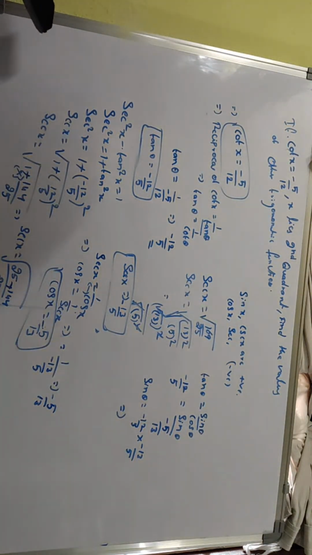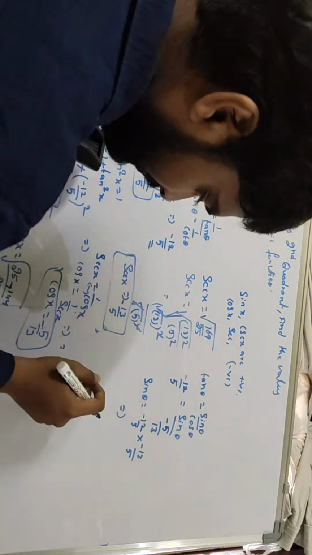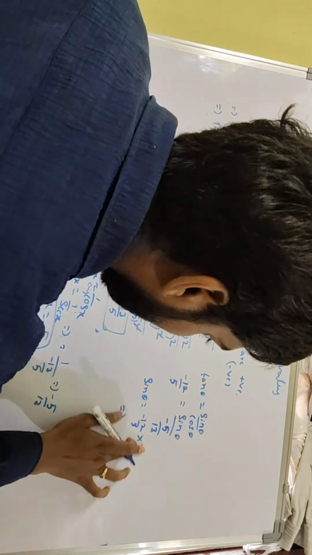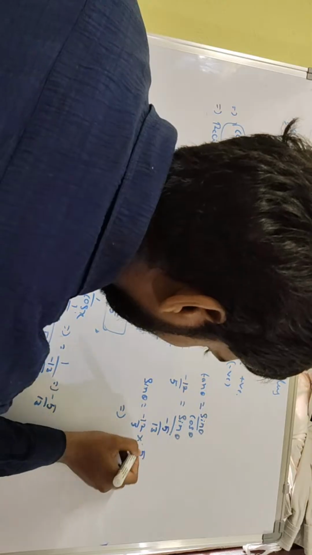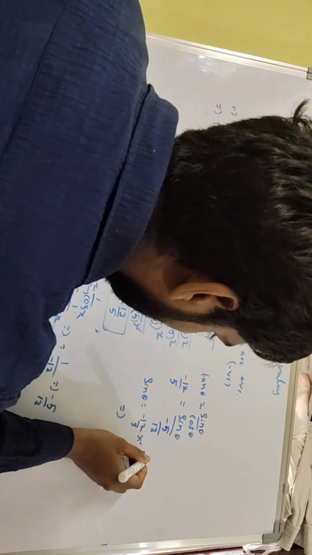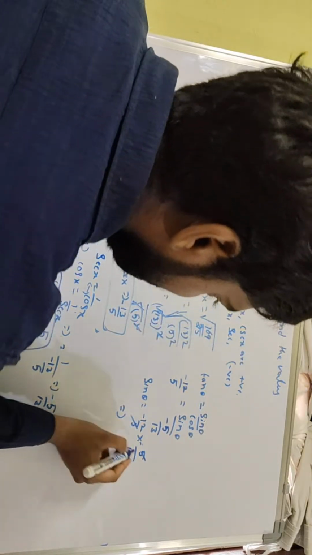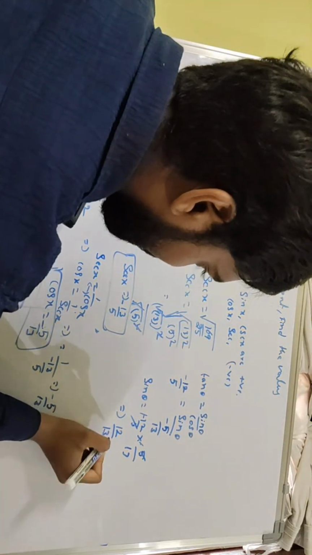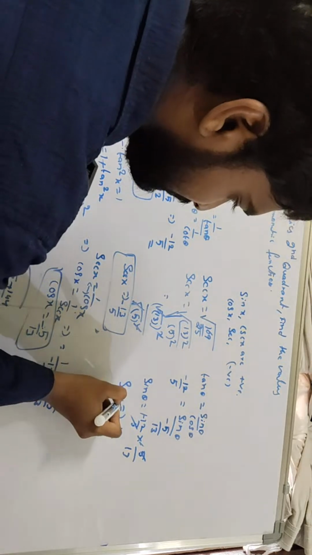So finally the expression becomes, something we made a mistake here. So 5 by 13. So 12 gets cancelled. So minus becomes plus 12 by 13. What is this? Sin theta.